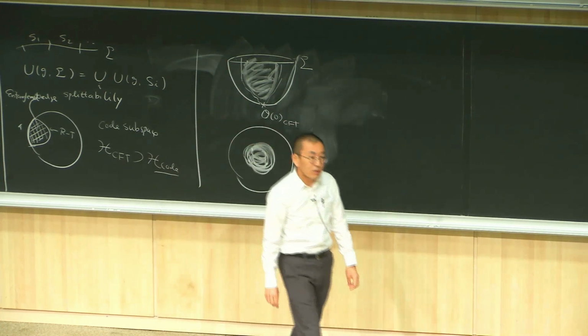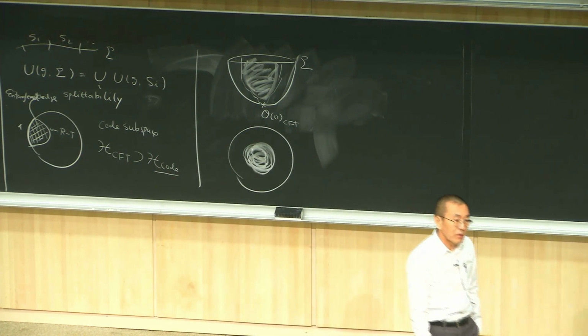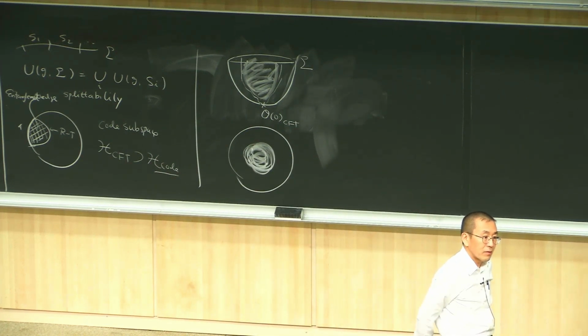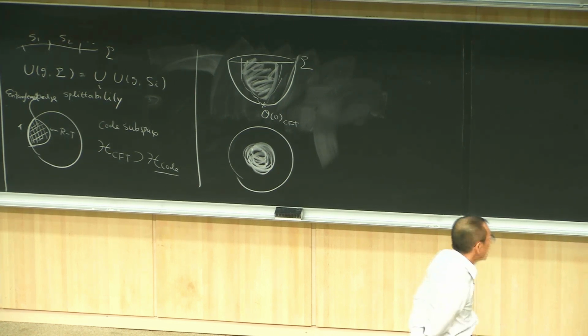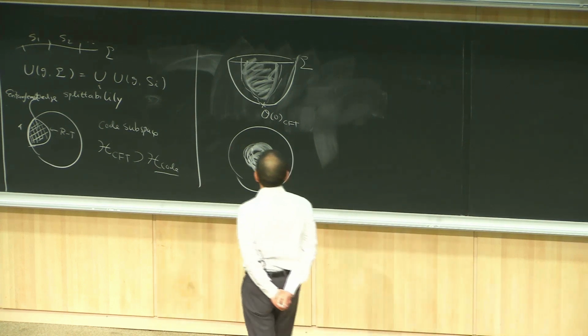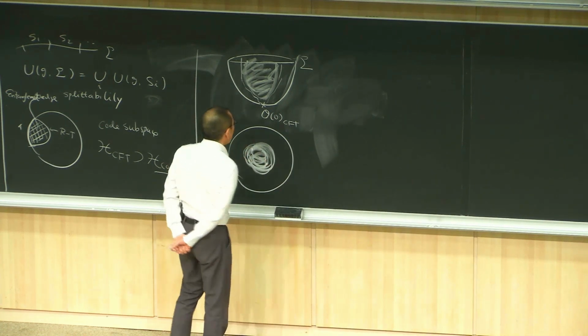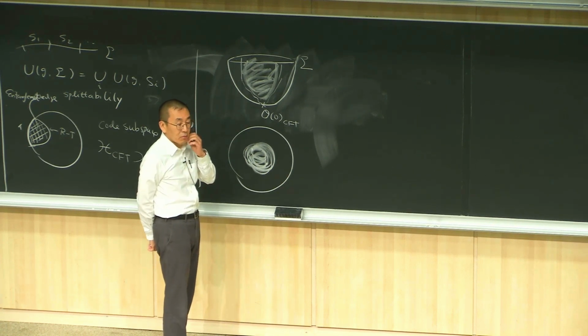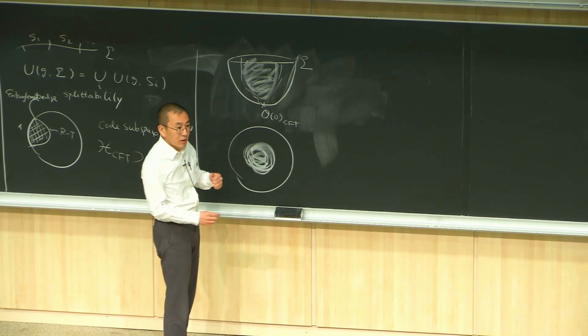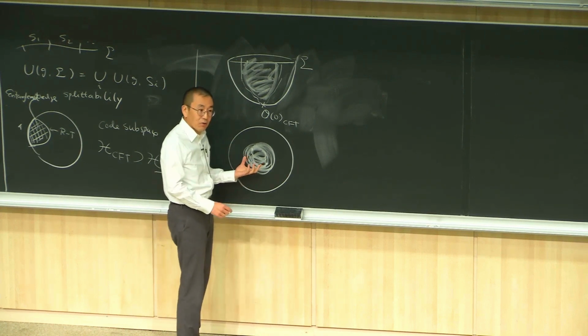Yes, you have a question. What sets the size of the region that the state is spread over? I mean, there's no light cone, right? We're in the Euclidean geometry. I'm trying to understand what sets the size of the spreading that you've indicated there. Yeah, so typical states in AdS are either some excitation of massive particles, or black holes.